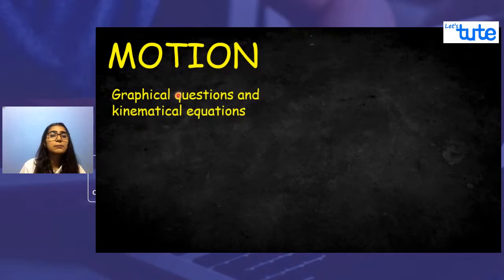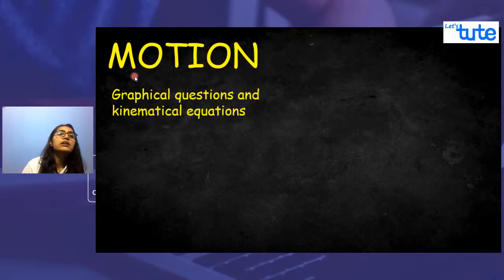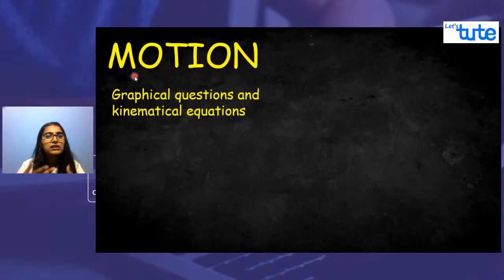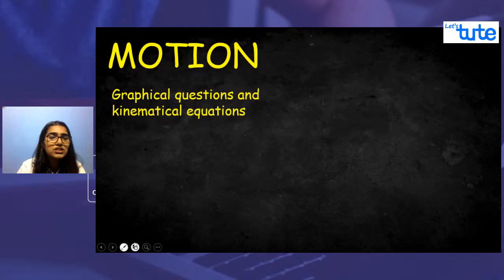The second difficult part that we are trying to crack is the graphical questions. It's very difficult to crack the graphical questions, because the data is not given in a form that you can put into a formula. It's rather pictorial data given in a graph, and the graph is so difficult to understand.